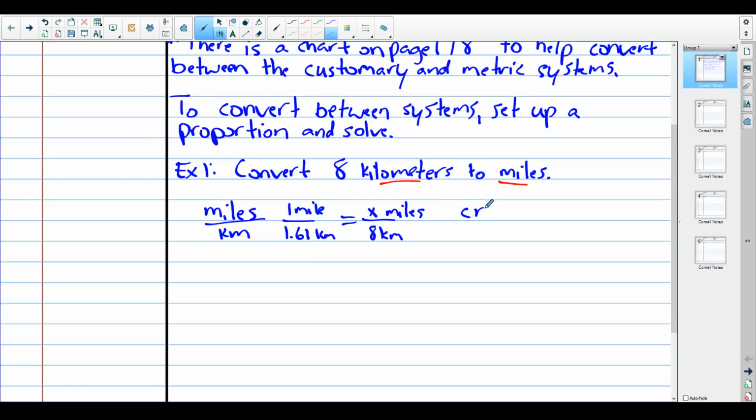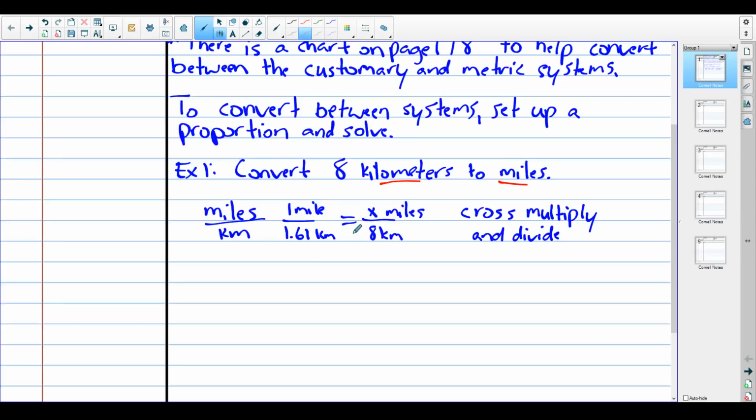So cross multiply and divide. And I'm going to put all the work here just like last time. If you found a quicker way, I would do that, but don't tell Miss Geyer you did that.